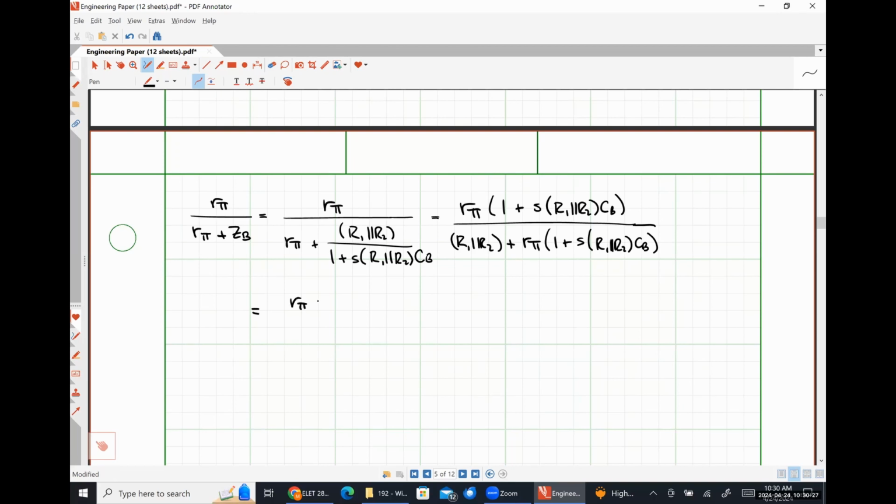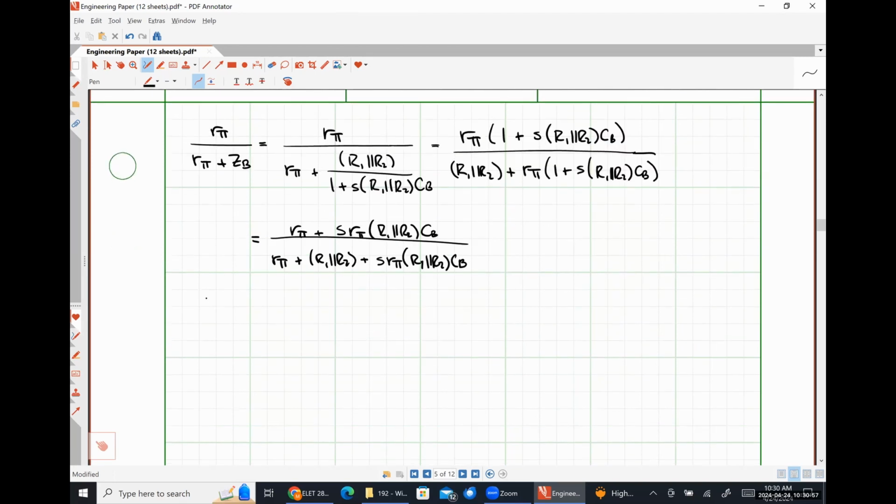R pi plus S R pi R1 in parallel with R2 CB over R pi plus R1 in parallel with R2 plus S R pi times R1 in parallel with R2 CB.